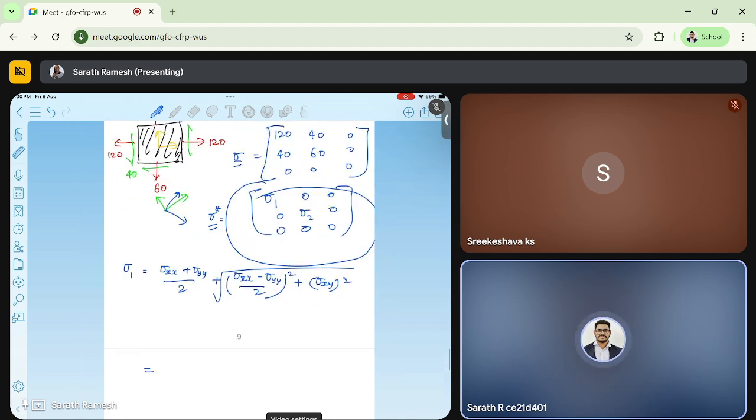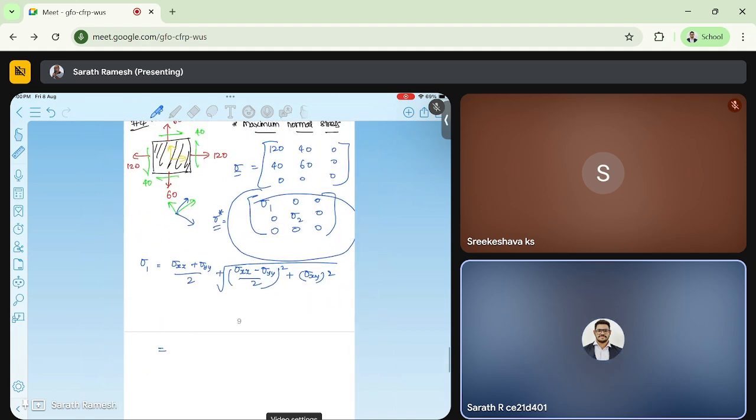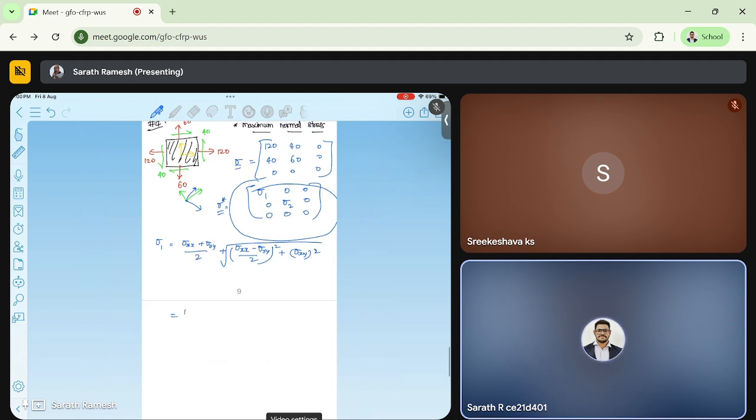This is equal to (120 plus 60) by 2 plus or minus the square root of ((120 minus 60) by 2) whole square plus 40 whole square.